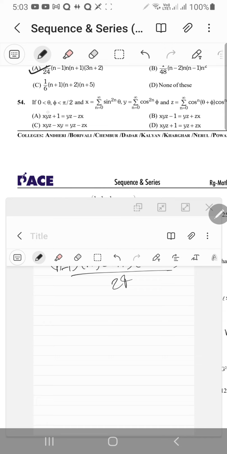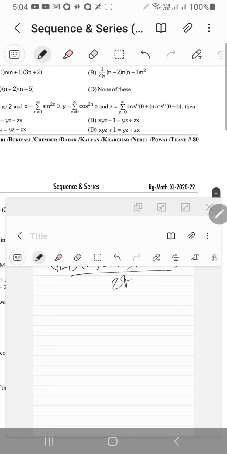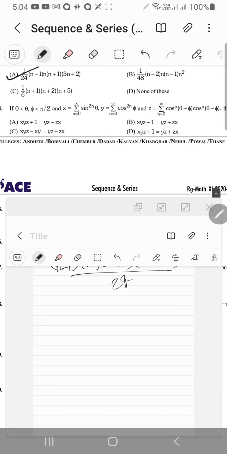So these two angles, theta phi, are acute, and x is the summation from n equal to 0 to infinity of sine to the power of 2n theta. Okay. And Z is this guy. Then, not a big deal because this is just a GP.